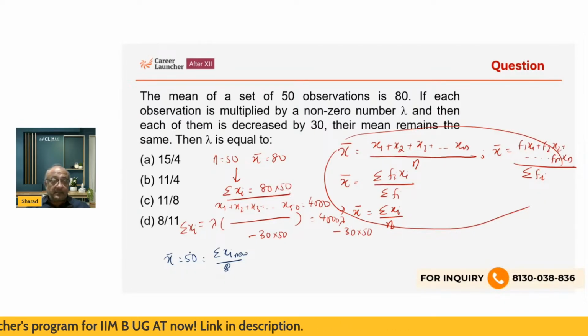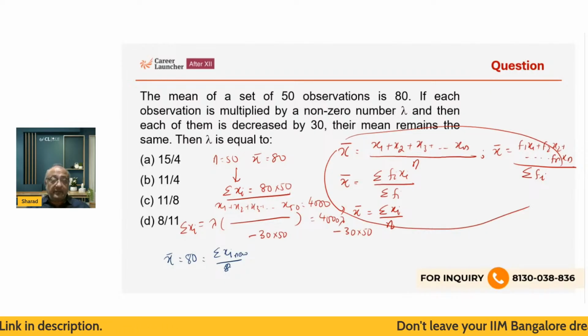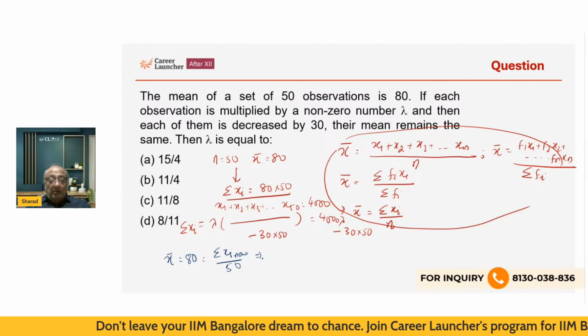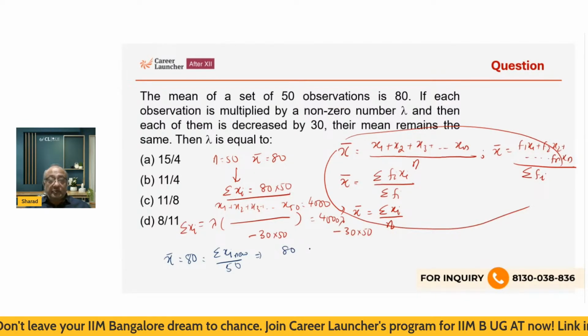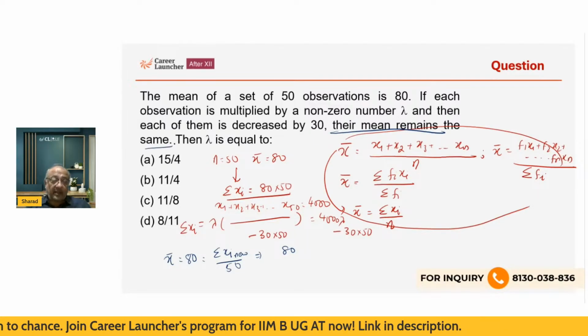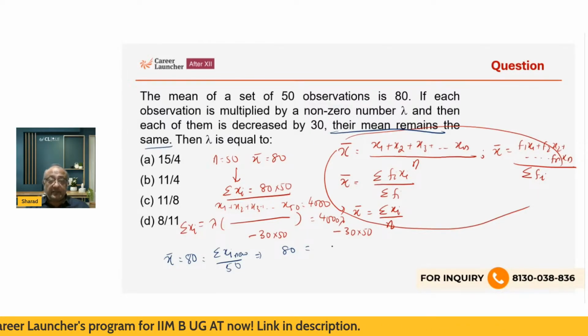Sorry, x bar is given as 80, so let me write 80 here, and this is 50. Okay, no issues. So 80 it has to be. Why? Because the mean remains the same. That is what is given in the question.